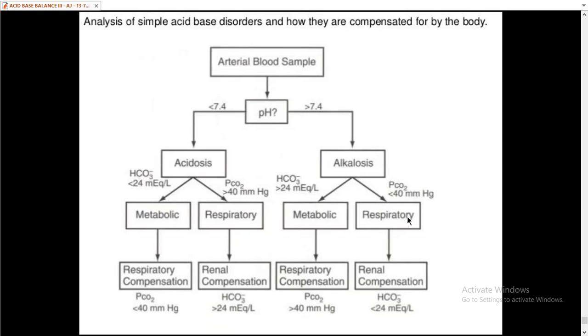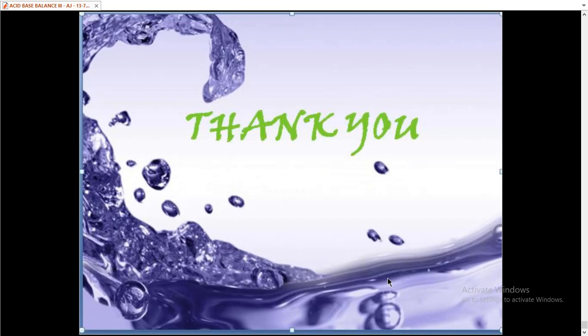When the disturbance is in the PCO2, you label the case as respiratory alkalosis. In case of metabolic alkalosis, the compensation is respiratory, while in respiratory alkalosis, the compensation is renal.